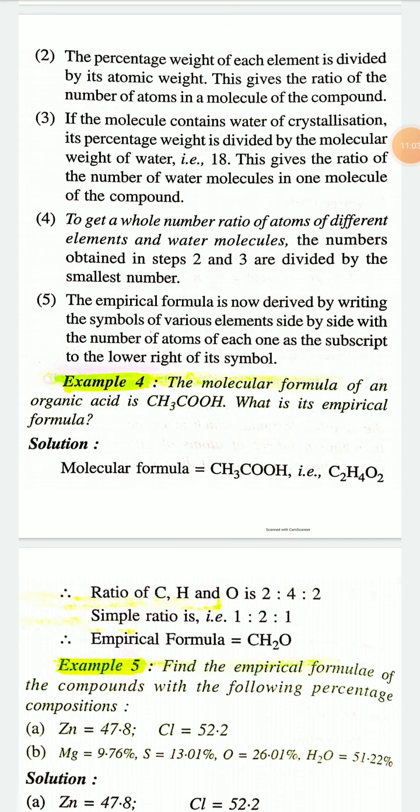And in the last step, the empirical formula is derived by writing the symbols of various elements side by side with the number of atoms of each one as the subscript to the lower right of its symbol.